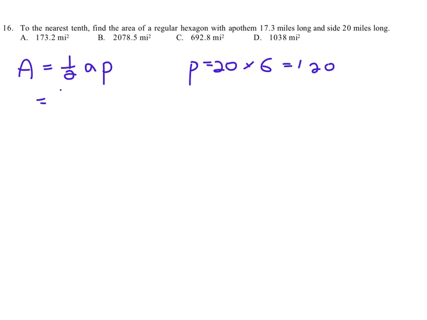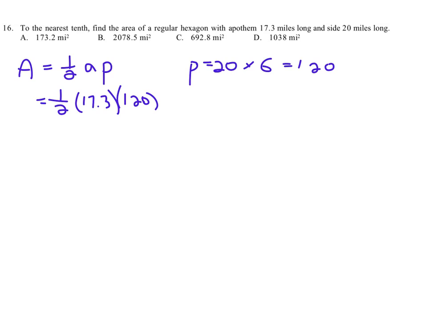So then we can say, okay, they gave us the apothem length. They said that it was 17.3. And we've got 120 for the perimeter. And they want us to round it off to the nearest tenth.